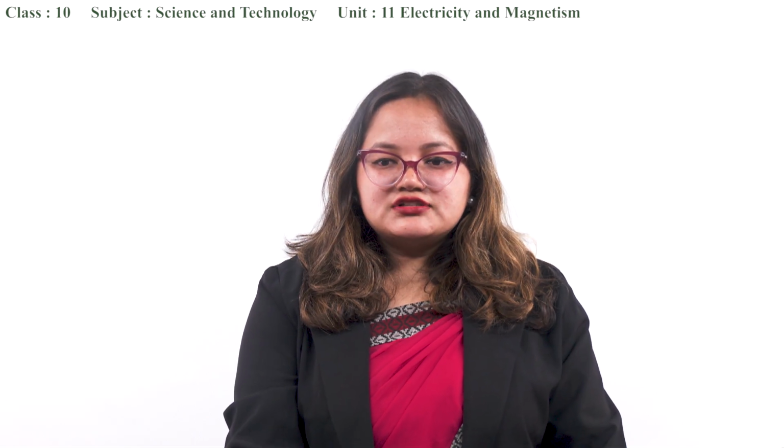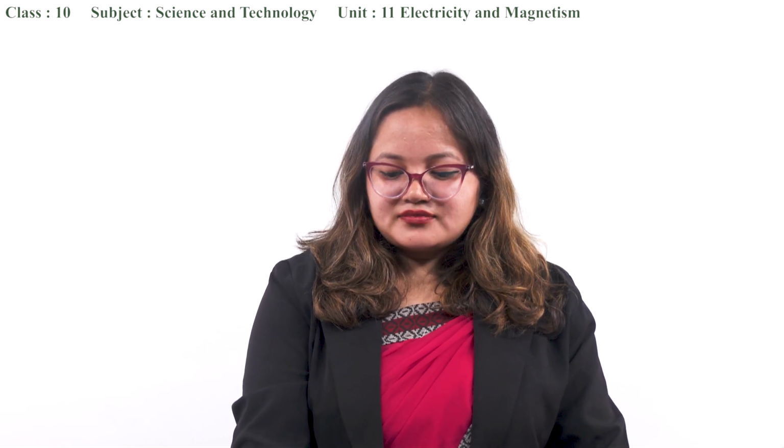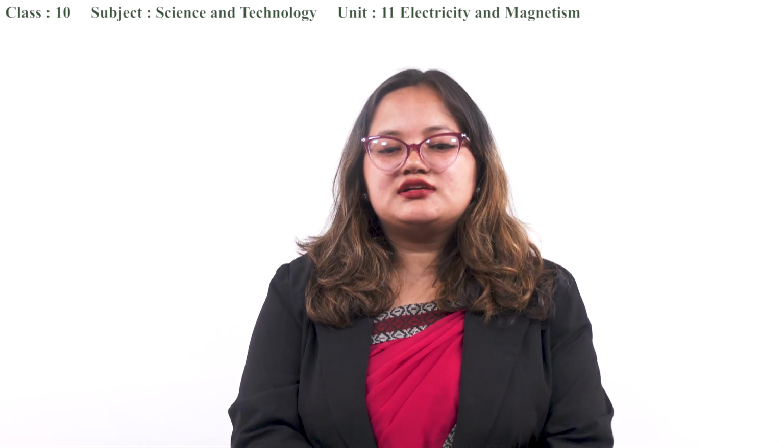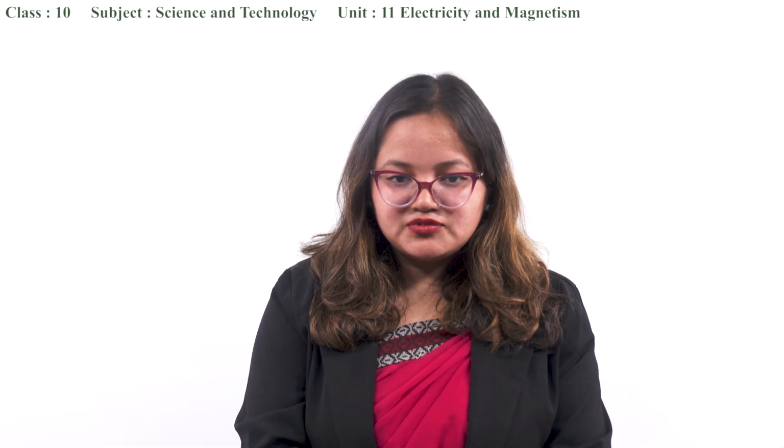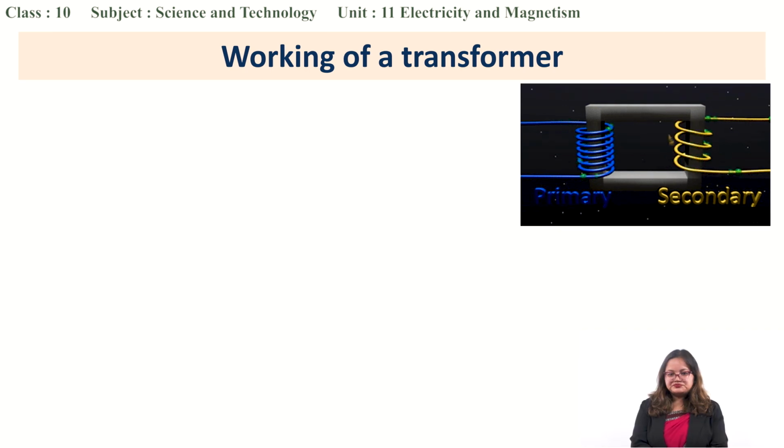After the construction, let's again study in depth the working of our transformer. Here you can see another simpler image or simple representation of the transformer. Here you can see this is the ferromagnetic core, iron core, and this is the primary coil, this is the secondary coil as written.